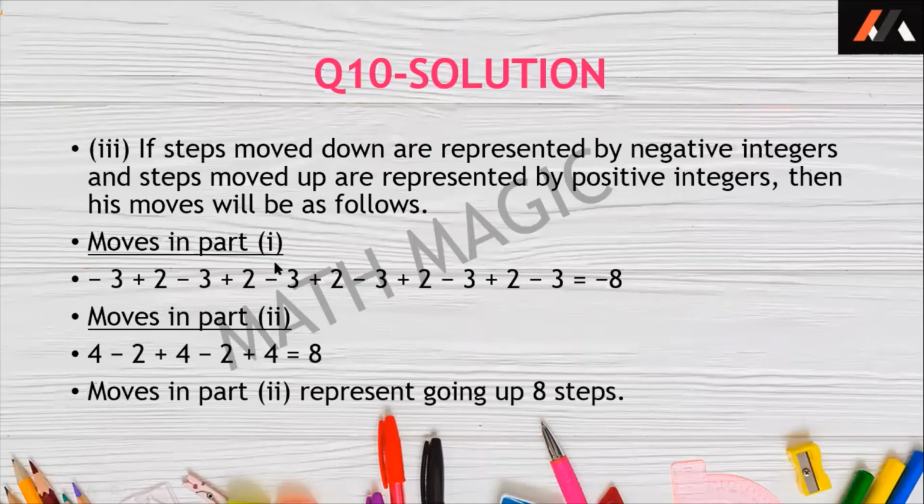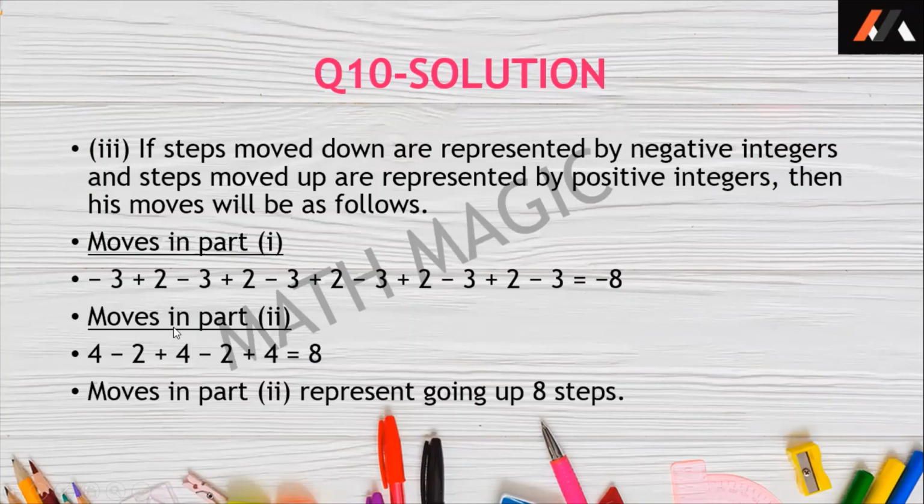In the first part of the question, all threes were positive and all twos were negative. We interchange the symbols here. So it will become minus 3 plus 2 minus 3 plus 2 minus 3 plus 2 and so on. When we calculate this, we will get the answer to be minus 8.